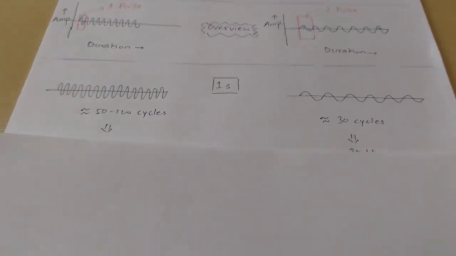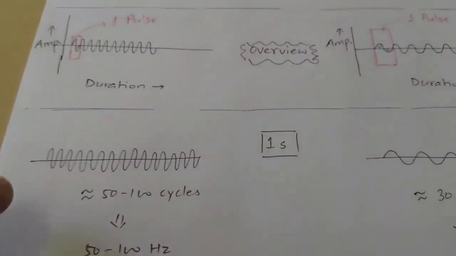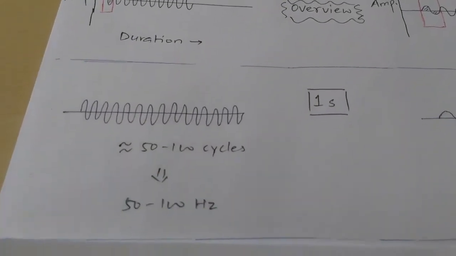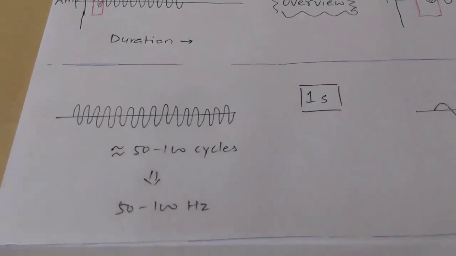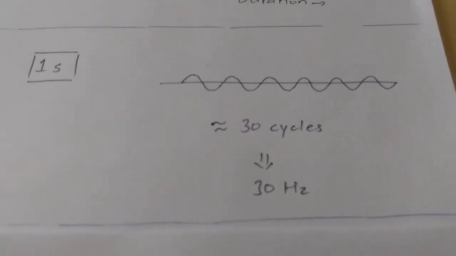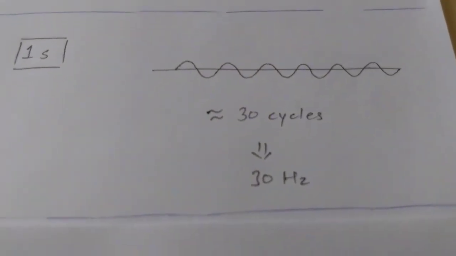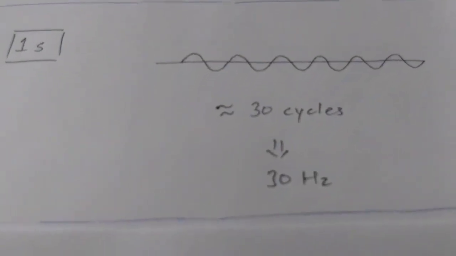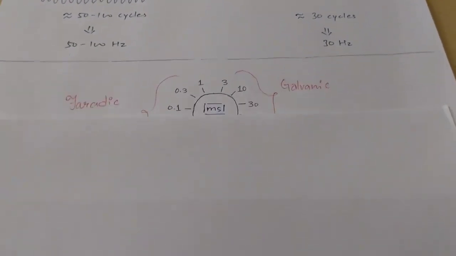In 1 second we can see a lot of waves in Faradic current, actually 50 to 100 cycles. That's why the frequency comes as 50 to 100 Hz. Galvanic current can accommodate only 30 cycles in 1 second. That's why it gets 30 Hz, or if it accommodates less than 30, then the frequency will reduce further.